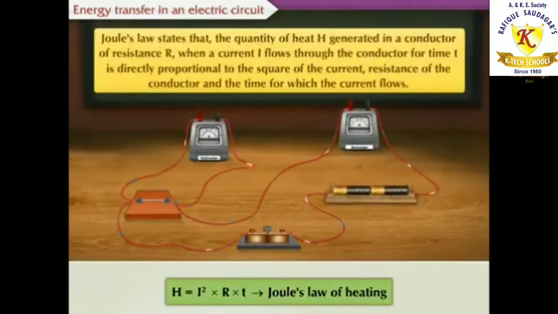Joule's law states that the quantity of heat H generated in a conductor of resistance R when a current I flows through the conductor for time t is directly proportional to the square of the current, the resistance of the conductor and the time for which the current flows.